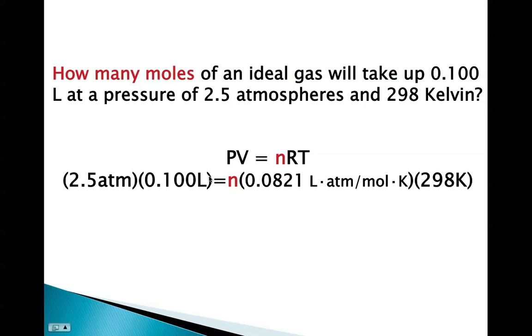Our volume is 0.1 liters. And our number of moles is going to be our unknown. R is going to be the same for every single one of these calculations, our universal gas constant, and then temperature is 298, which is already in kelvins. So going ahead and multiplying and dividing, you should get on your calculator 0.01 moles of this ideal gas. It's as simple as that.